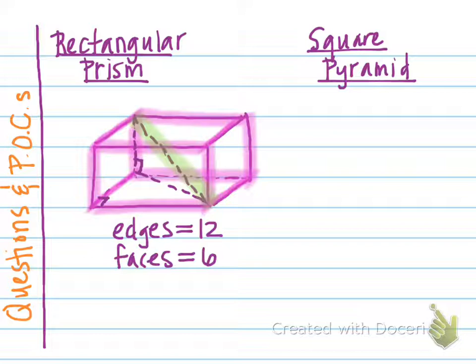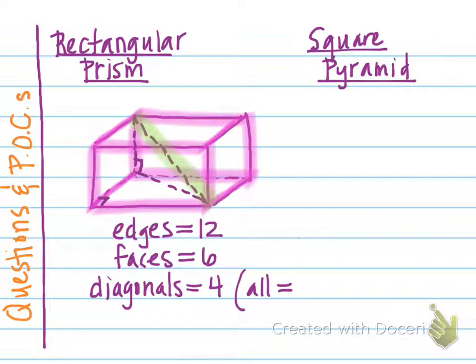But there are 4 diagonals, and what's cool about these diagonals is that they're all congruent, and this is super easy to remember. So if you're asked to find the diagonal of a rectangular prism, it doesn't matter which one you draw in your picture. They're all going to have the same length.